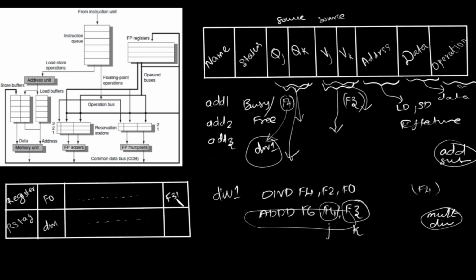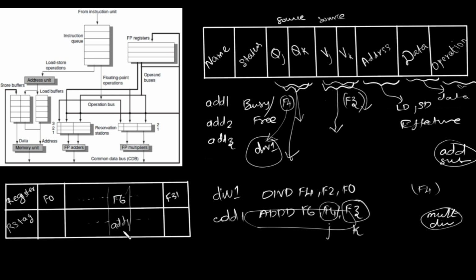Say for example, this addition operation tries to write to F6. So the F6 value will be obtained from the add 1 reservation station.